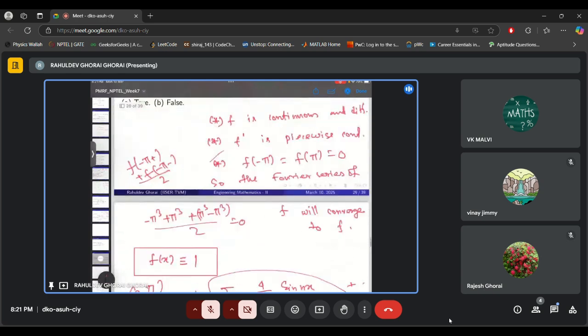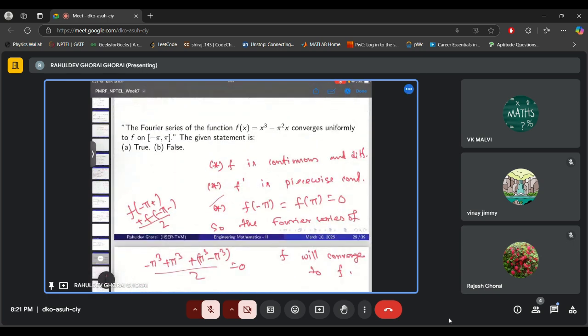Any concern here? So this mainly has to happen. These three conditions are important for uniform convergence.